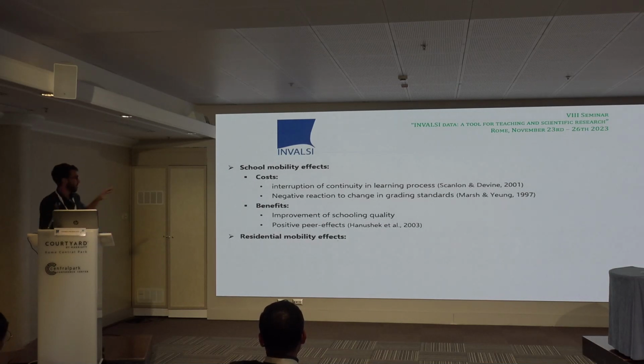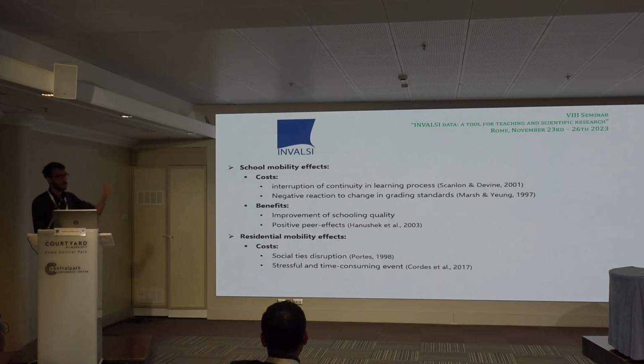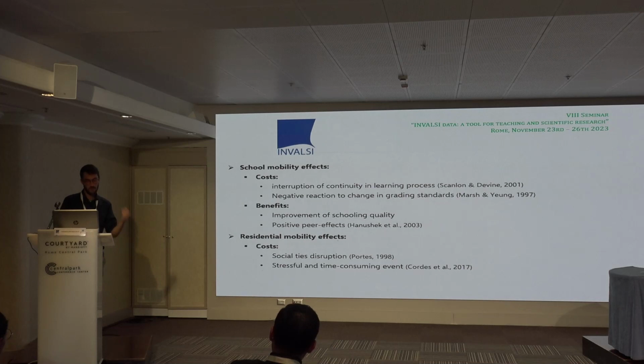Concerning residential mobility, some costs of moving have also been framed in the literature, including the disruption of the student's social ties as a consequence of moving to a different neighborhood or context. The event of moving from one area to another is also considered a stressful and time-consuming event per se.